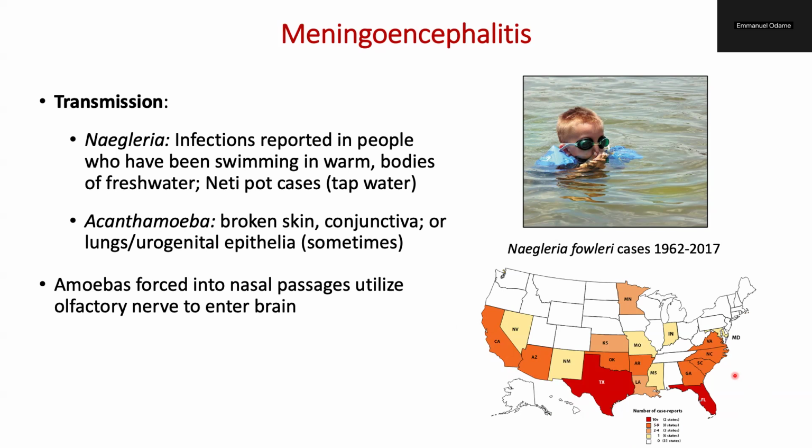The amoebas force their way into your nasal passages and use your olfactory nerve to enter your brain, and then they have access to your whole brain mass. This disease has about a 2 to 3 percent survival rate, so it's super terrible.